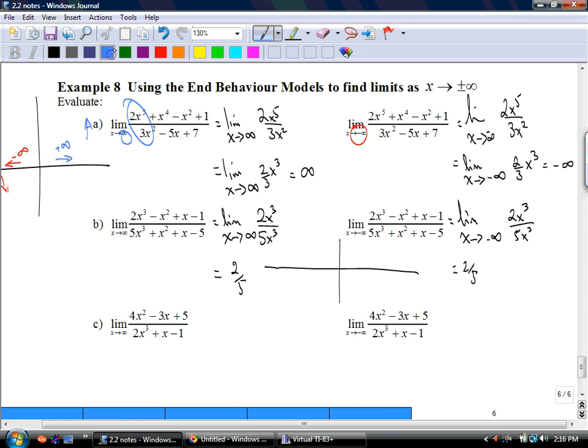Well, that's one way of saying it. As we go out to the left, as we go to negative infinity, our y value is 2/5. And as we go out to positive infinity, our y value is 2/5. What do we call that?